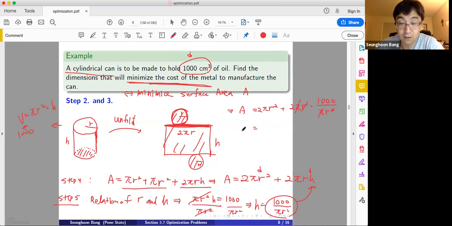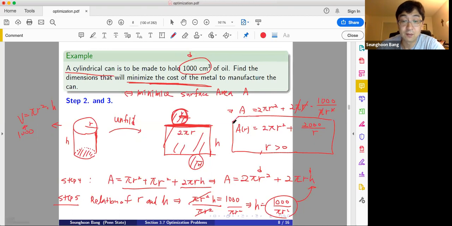So we have 2 pi r square plus 2 times 1,000, which is 2,000 over r, right? This is A of r. What about the domain here? R is the radius, so it is a positive number. That's it. This is the domain.